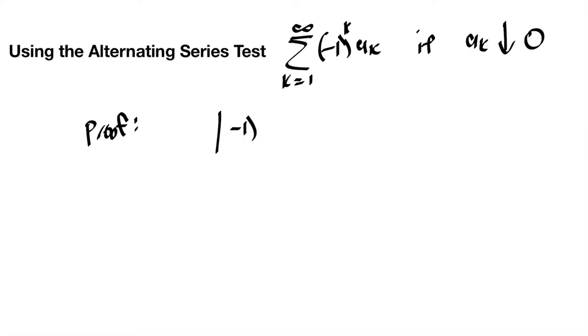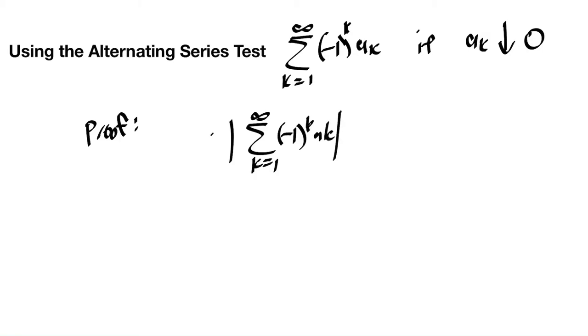So if you remember from our proof, we showed that the absolute value of the sum had to be bigger than 0, but it also had to be less than or equal to whatever that k term is.